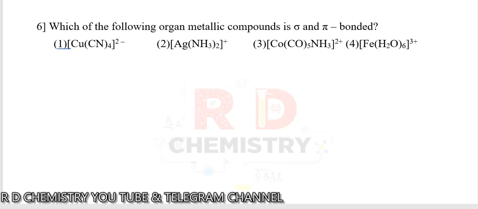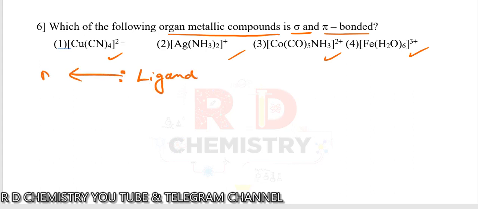Question number 6. Which of the following organometallic compound is a sigma and pi bonded complex? See all these examples of the coordinate compounds. The ligand always donates the electron pair, lone pair electron, to the metal to form the coordinate bond. Now there is one more possibility.